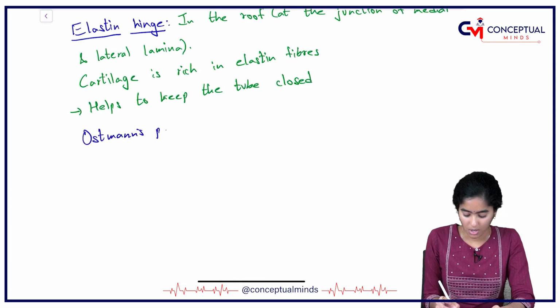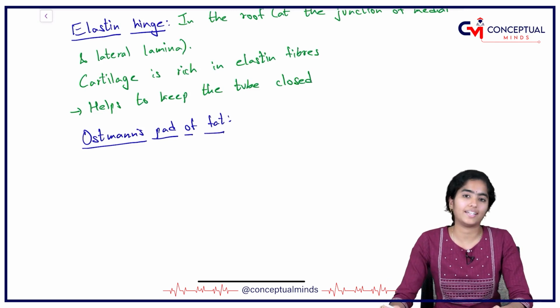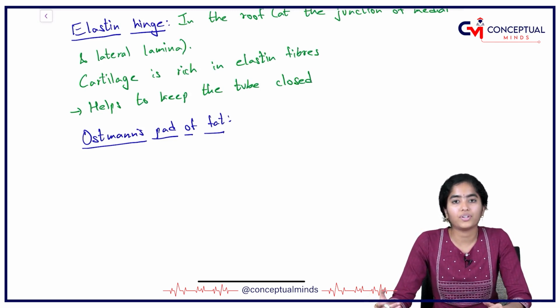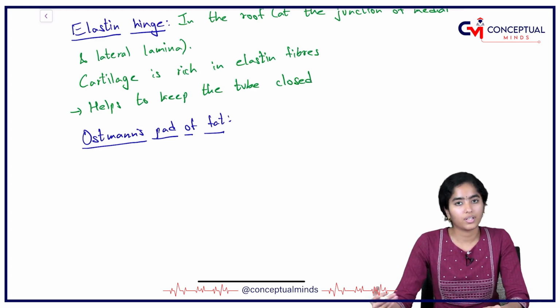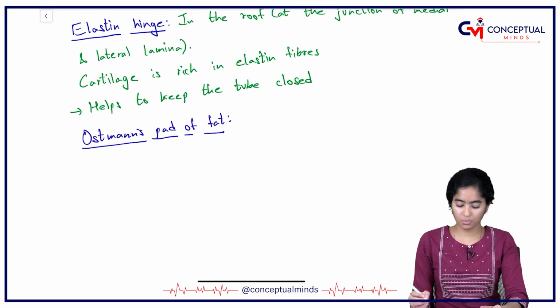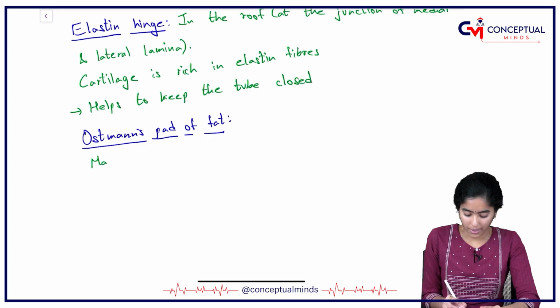What is this Ostman's pad of fat? As the name clearly suggests, it's a mass of fatty tissue. It is essential that the tube remains closed to prevent the reflux of nasopharyngeal secretions into the middle ear. We will learn more about the functions of the tube later, but for now remember that the Ostman's pad of fat is a mass of fatty tissue.